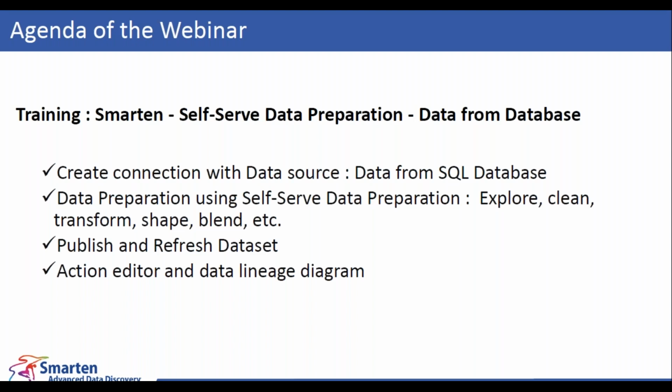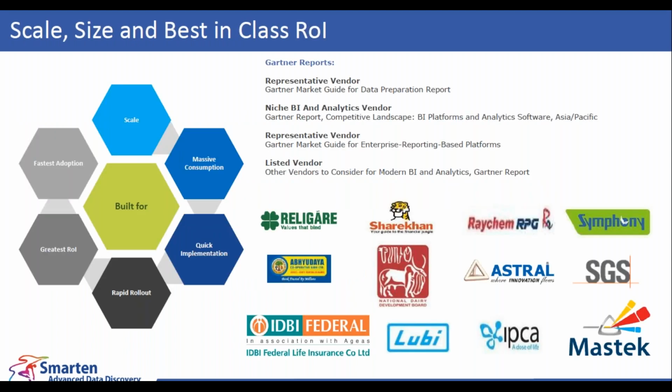We will then publish and refresh the data set, and we'll use action editor and data lineage diagram to show you the entire cycle. We'll be having another webinar next week for covering an overview of other data sources. Many data sources we would cover at a brief high level overview, but in today's webinar we'll use data from database. And just a quick note about Smarten, that it is being used in multiple industry segments, and it is mentioned in multiple Gartner reports, as you can see.